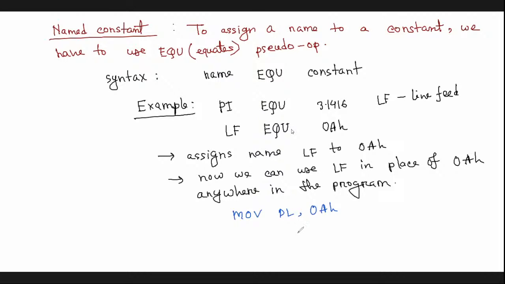Now in the place of 0A, you can also put LF if you want. That is also okay. Or you can write mov DL, LF. That is what you can also write.